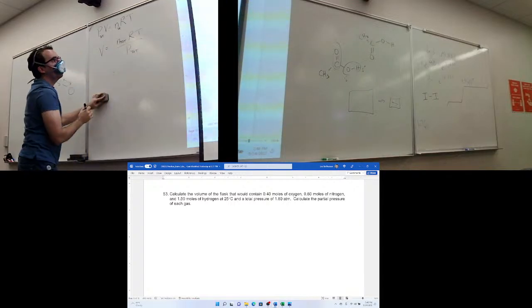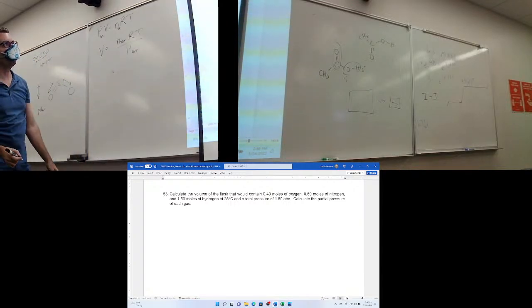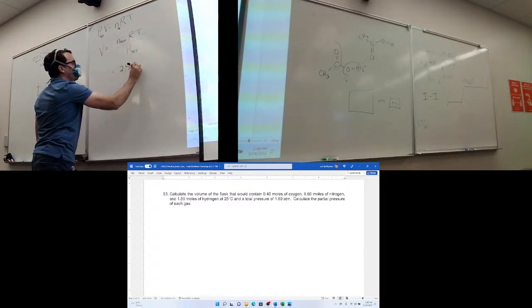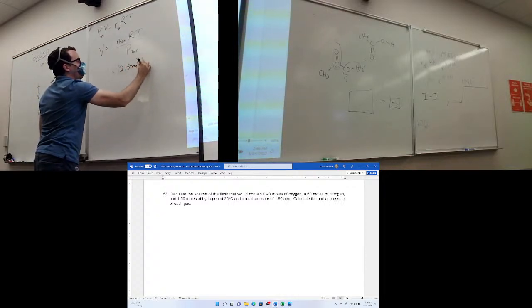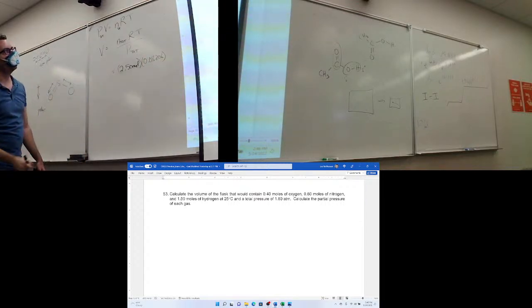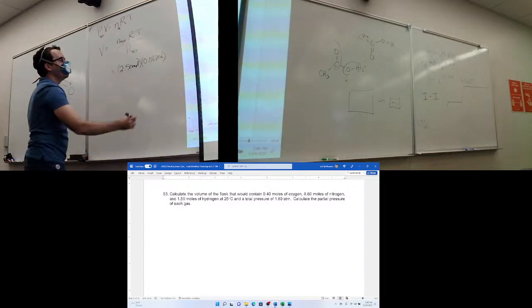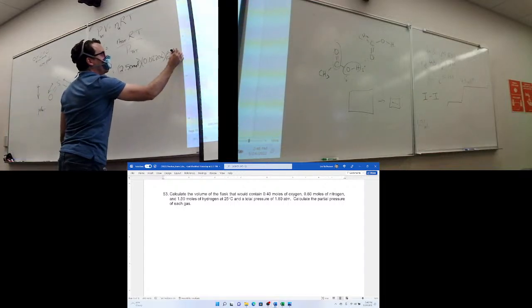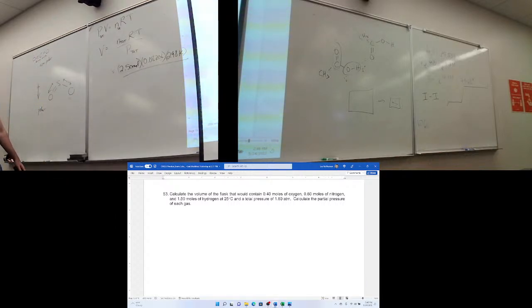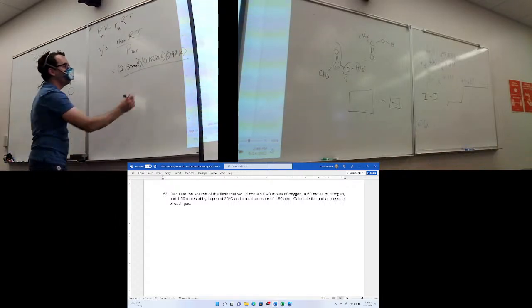And so the total number of moles, I just add them all up, 0.4, 0.6, and 1.5 is 2.5 moles. R is 0.08206. The temperature, 25 degrees C, so 298 Kelvin. I'm converting these quickly, sorry. And total pressure is 1.8.